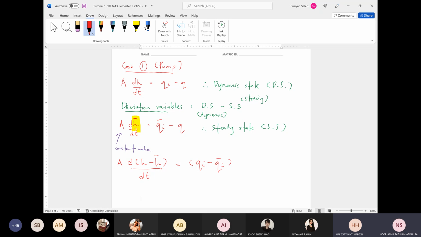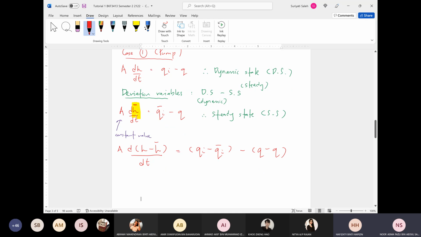So we subtract term by term. And lastly, minus Q minus Q. So this is the way to form the deviation variable, where we subtract the dynamic state minus the steady state condition.